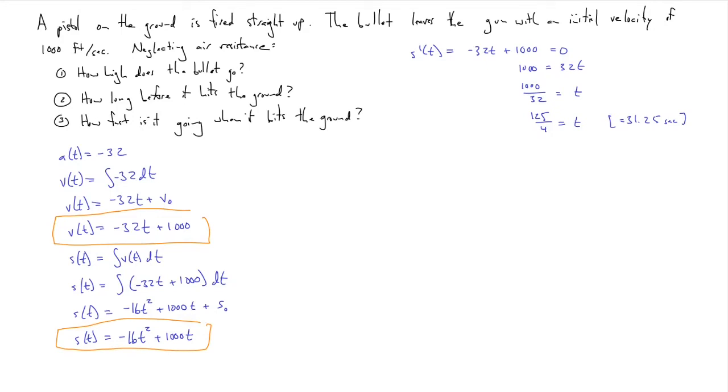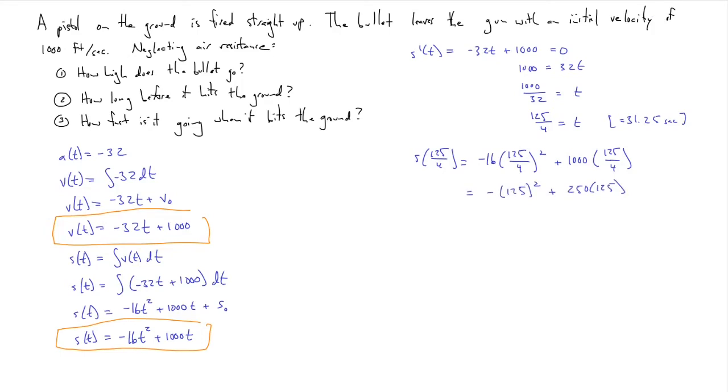We've just answered the question, at what time does the bullet reach its maximum height? How do we figure out how high the bullet is at that time? Well, we have the position function that tells us where the bullet is at any given time. So plug 125 fourths into that function, and we'll get how high the bullet is at that time.